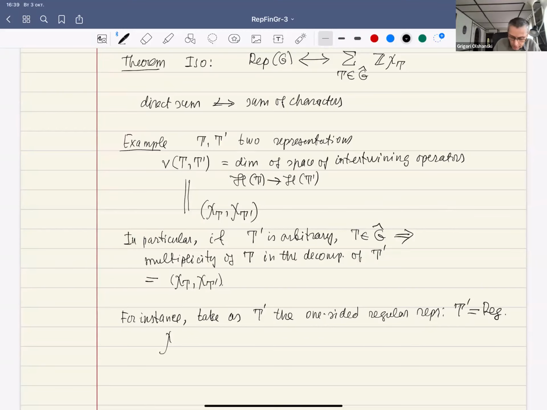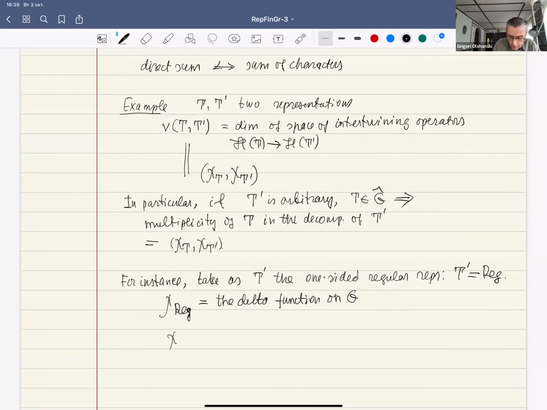And then the character of this representation is a delta function on the group G, by the very definition.